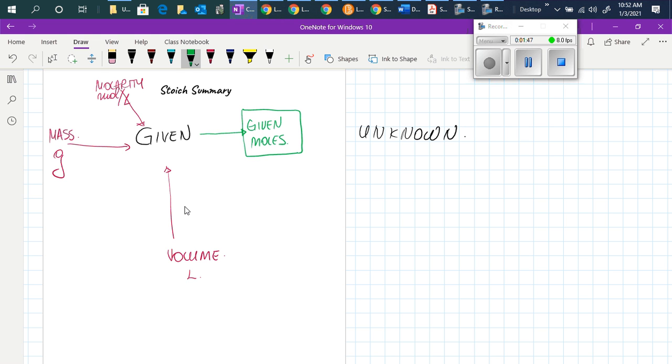Now, when we have the mass in grams of the given, in order to find the given moles, we will use molar mass. When we have the molarity, to find the moles, we will use concentration.